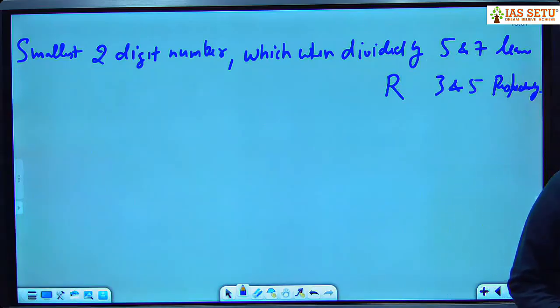You have to tell me the single number which satisfies both the conditions. अनुभव, 10 will not help. 10 को 5 से डिवाइड करेंगे तो रिमाइंडर 0 आता है. You can't tell me two different numbers.